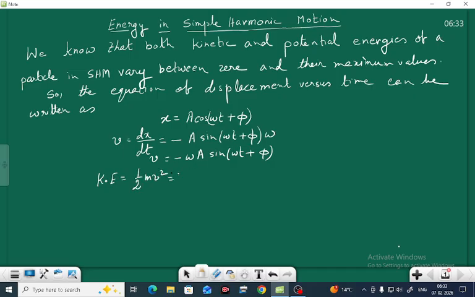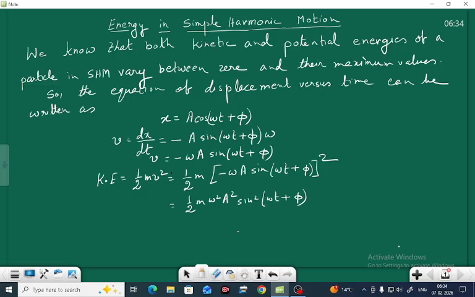Applying this, we get half into m into the expression for velocity, minus omega a sin(omega t plus phi), and squaring it we get half m omega square a square sin square(omega t plus phi).